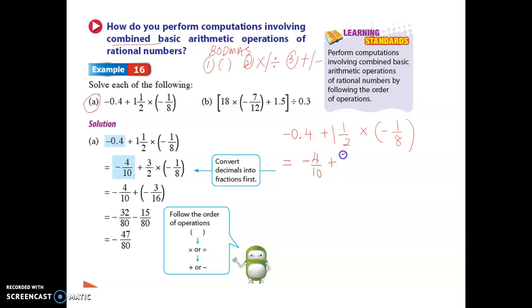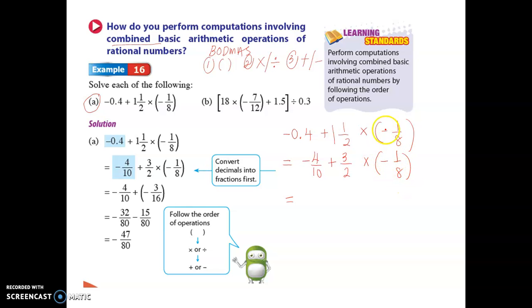This mixed number will become 3 over 2, an improper fraction, times negative 1 over 8. After you convert everything, you follow BODMAS rule. Is there any operation inside the bracket? You can see here, no other operation, only the negative sign.